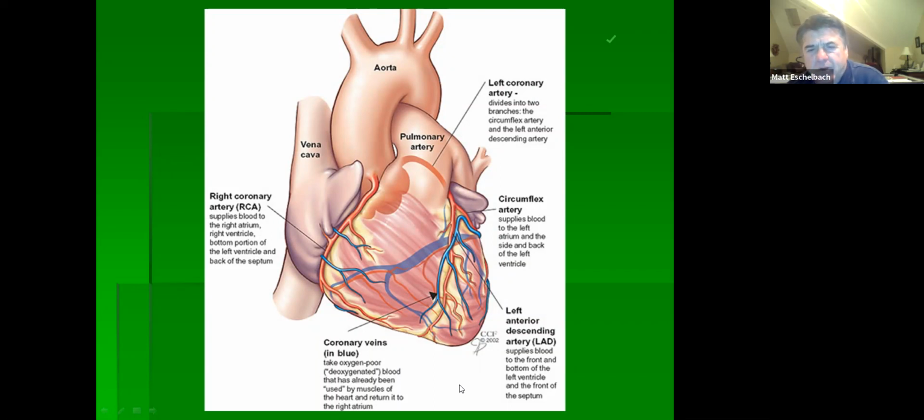Remember I said that injury patterns occur in a regional distribution. So as we talk about regional injury, keep in mind that these are the areas that we're talking about.